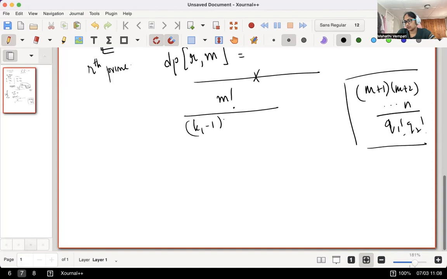K1 minus 1 factorial, K2 factorial, and so on, based on the arrangement, and sum over all of the arrangements.